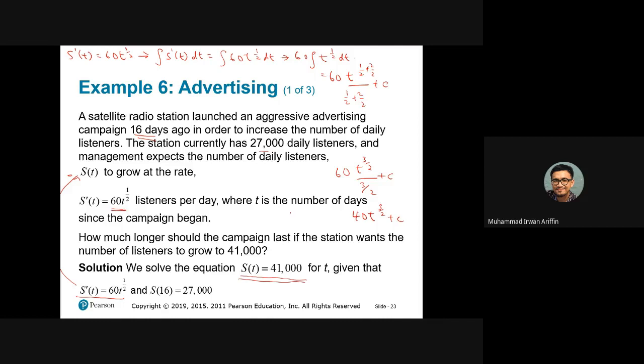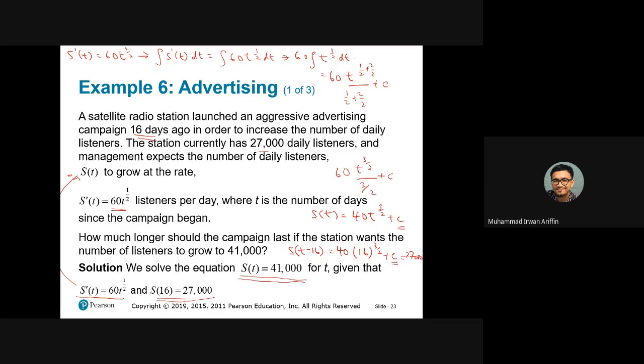Okay. And this is basically our s(t). Now we need to solve for this constant c by using the additional information. We know that s, when t equals 16, equals 27,000. So we simply replace t with 16: 40 times 16 to the power of 3/2 plus c equals 27,000.